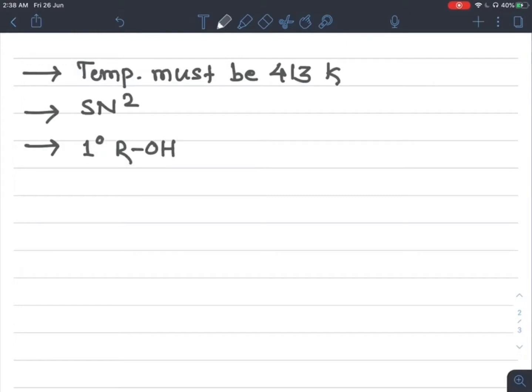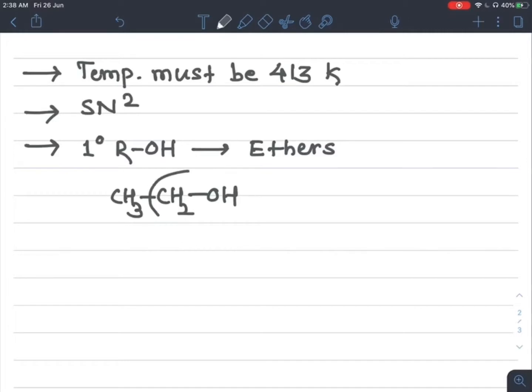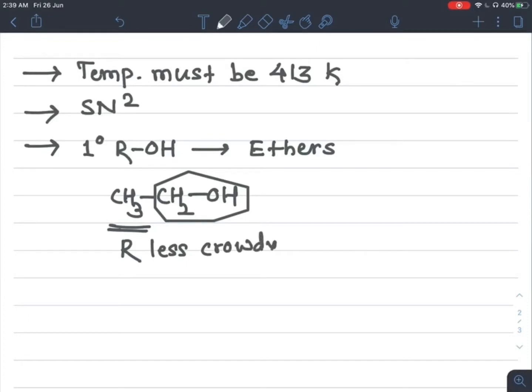Primary alcohol must be used for the production of ethers, because in a primary alcohol, suppose we take the example of CH3CH2OH, the OH is attached to a carbon which is less crowded, means the alkyl group, the methyl group, is less crowded, means the electron density is less.